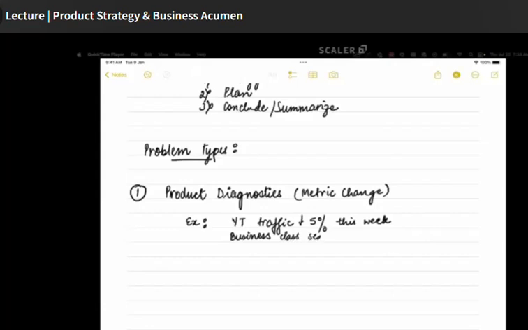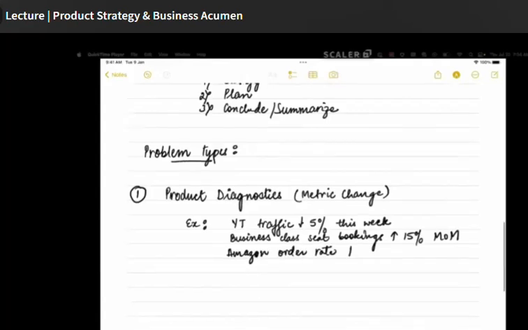So bookings increased. Let's take another, Amazon order rate: the number of orders happening increased by 20% in the last 3 days.